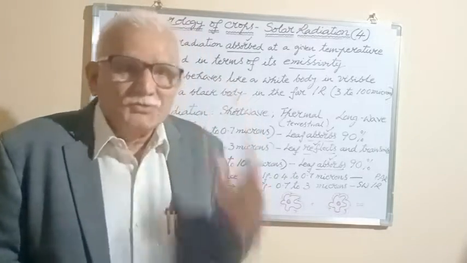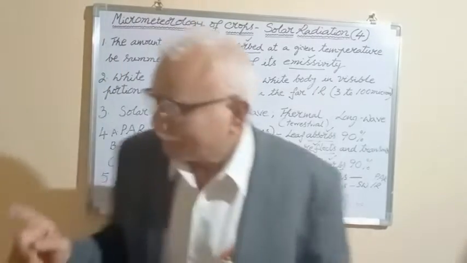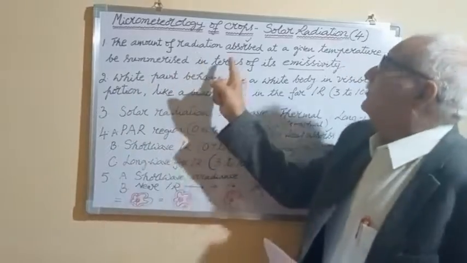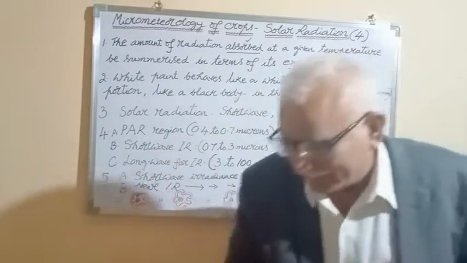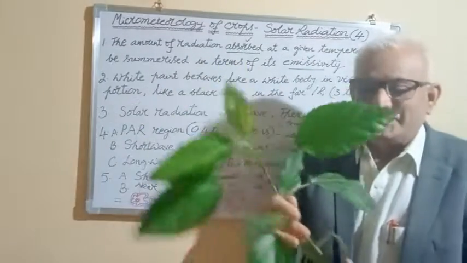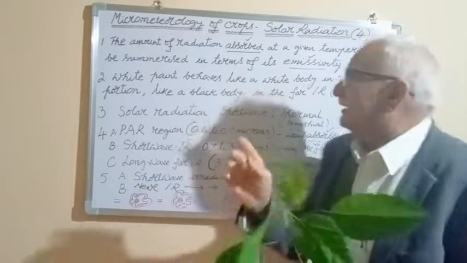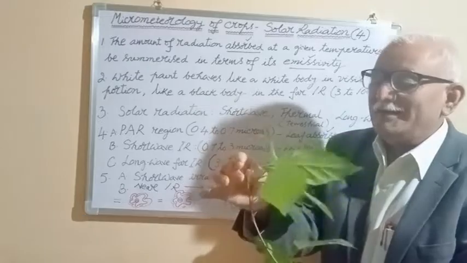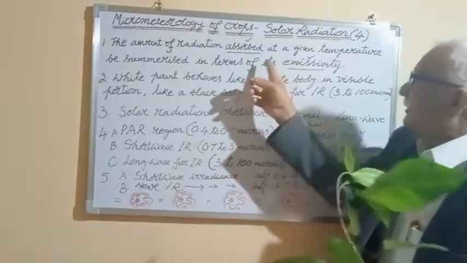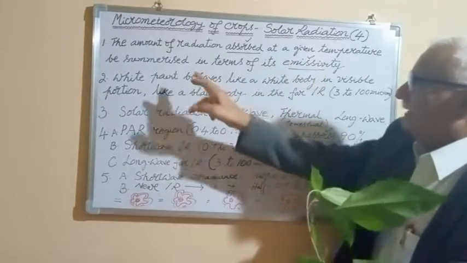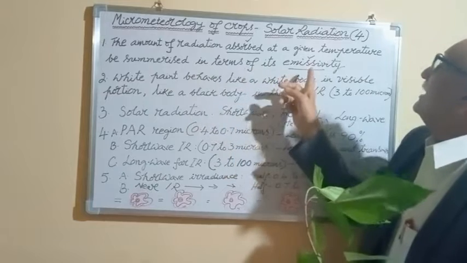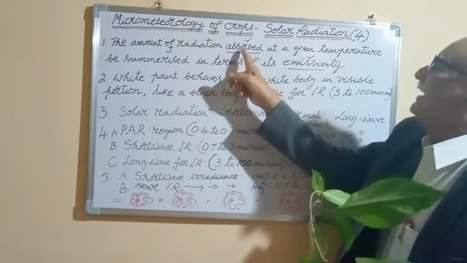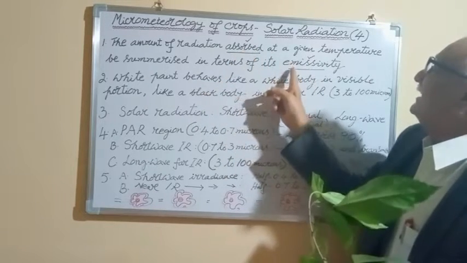Now here, usually what we do is, if you take a crop like this, the amount of radiation absorbed by this particular crop at a given temperature can be summarized in terms of emissivity: A lambda, in other words, E lambda.